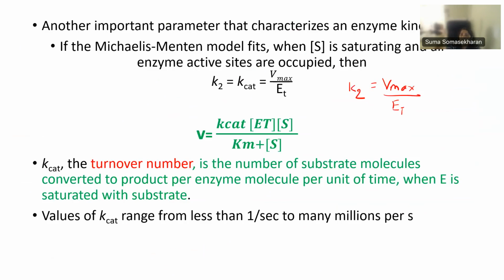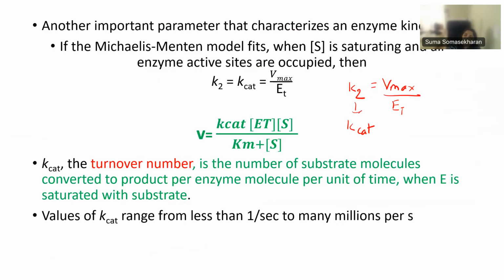And this value of K2 in such an instance is referred to as Kcat, the rate constant for the conversion of enzyme-substrate to enzyme plus product.